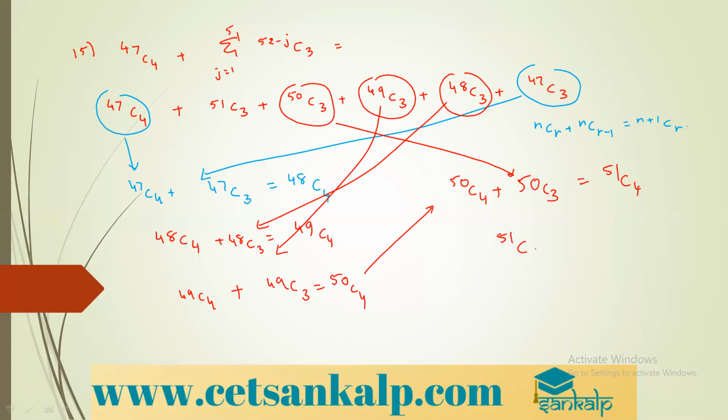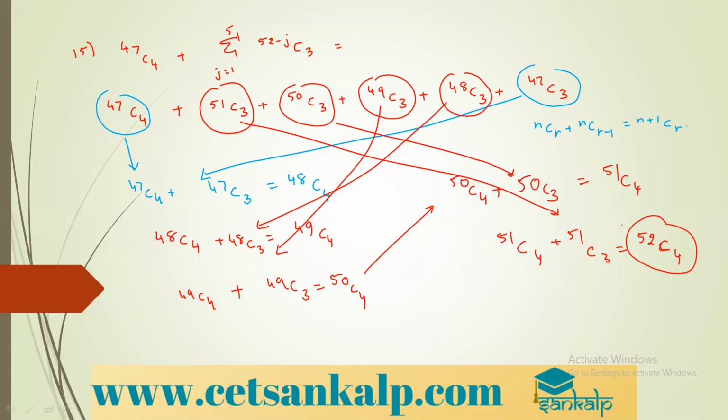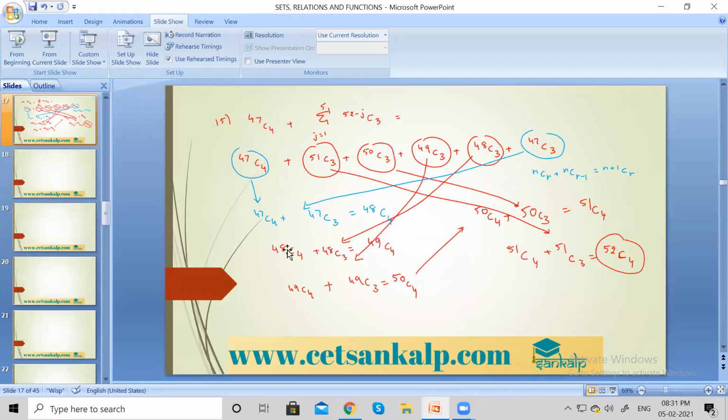To this 51C4, I will add the last number, that is 51C3. That will give me 52C4. So this is the final answer. We have been using the same formula again and again. That is the only technique here.